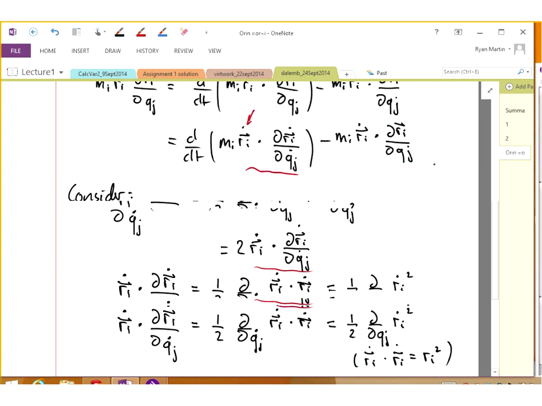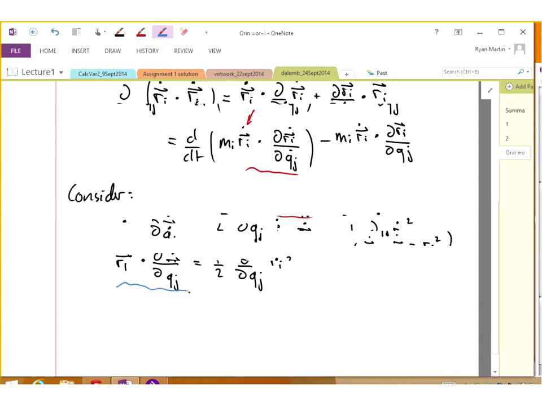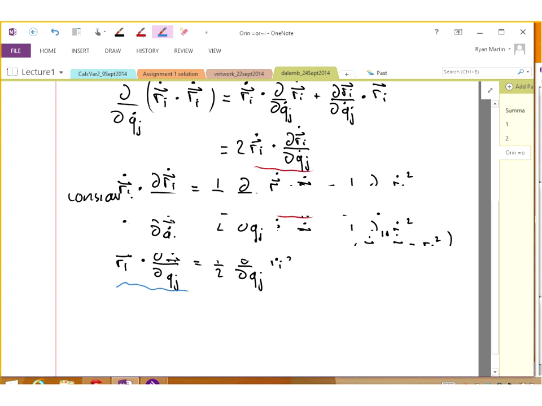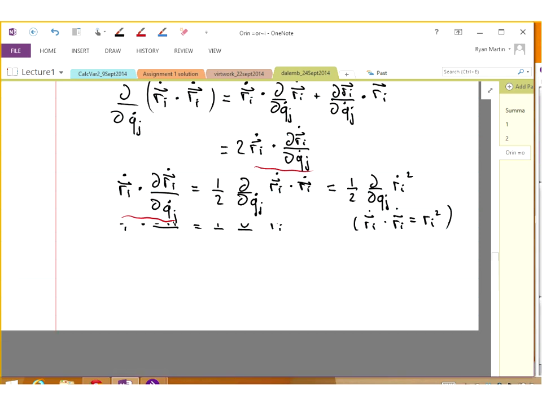And that's the second term that we had here. Okay, so we're ready to put that back into our red box term.